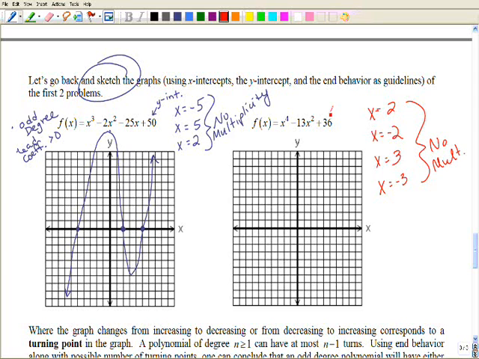My y-intercept again is this last term that does not have an x with it. Okay, so here, my leading coefficient is one x to the fourth. So my leading coefficient is greater than 0. It's positive, okay? And then my degree is even.